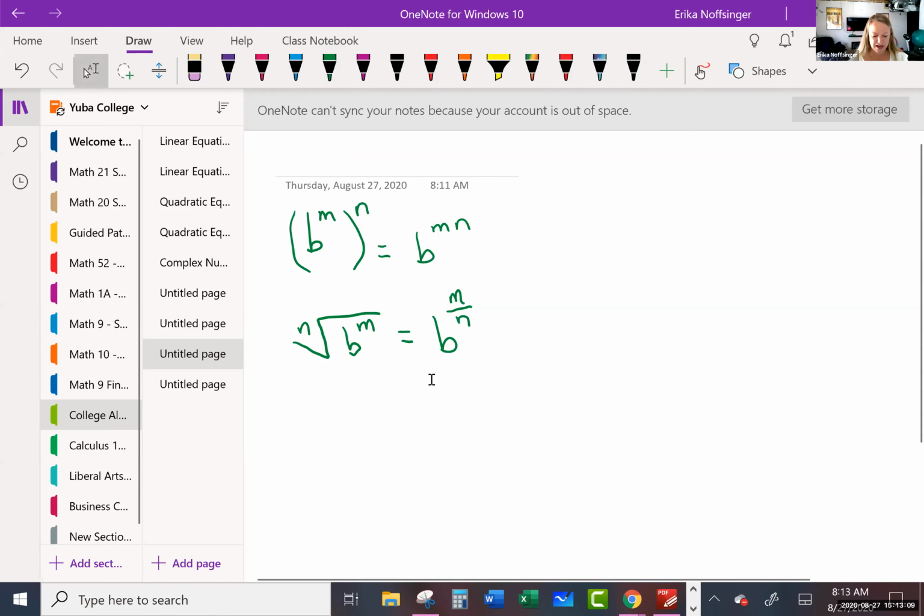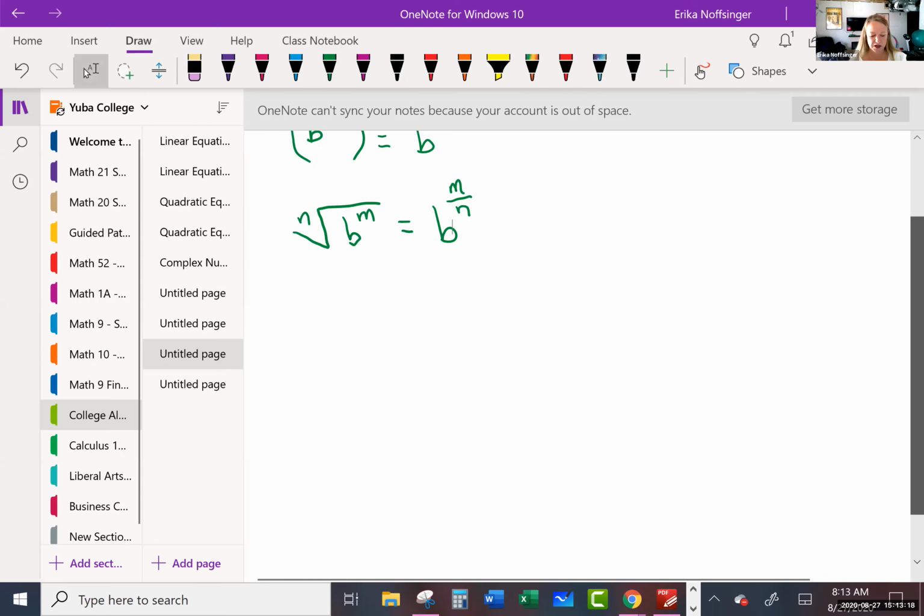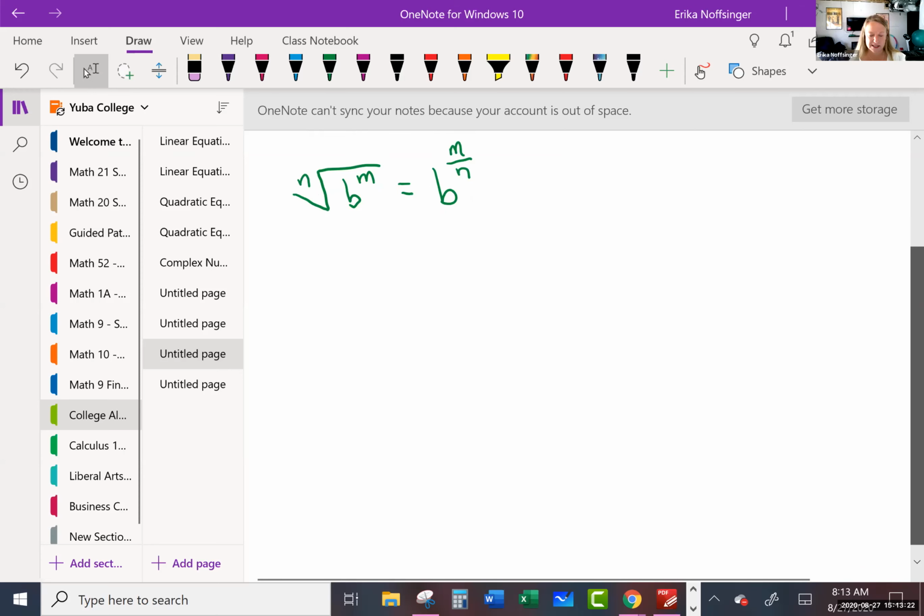So if you find an equation with a radical in it, the first step to solve an equation with a radical is to isolate the radical on one side of the equation, if not already done so. So, solving radical equations.